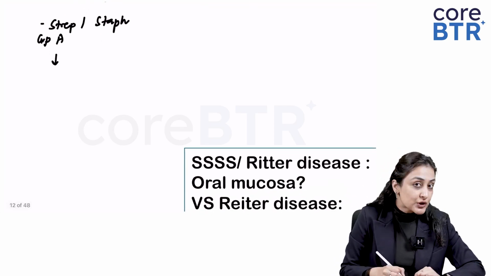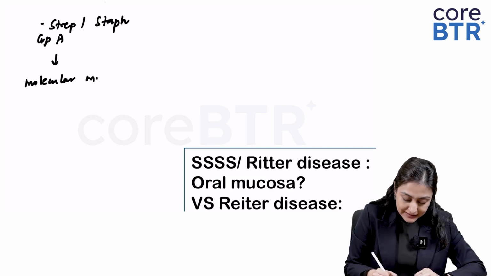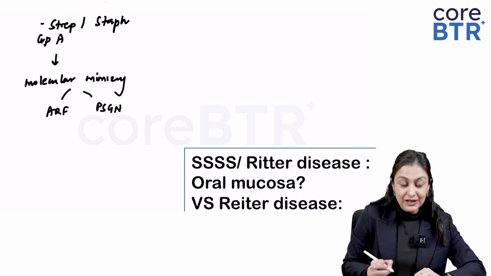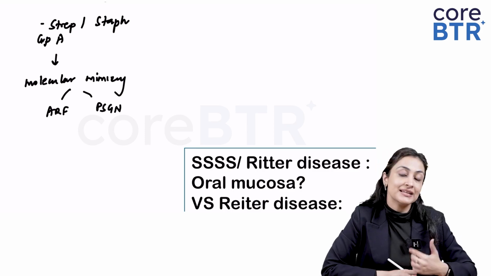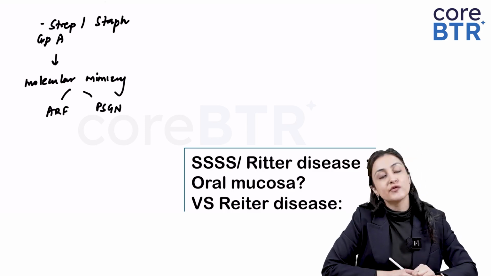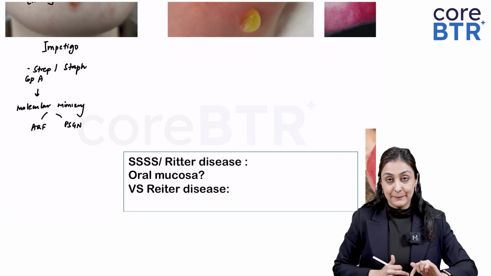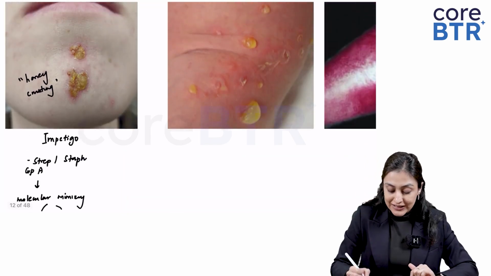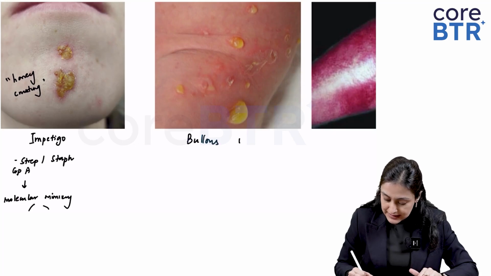And that molecular mimicry is what may result in either acute rheumatic fever or PSGN, post-streptococcal glomerulonephritis, right? So they may give you history of impetigo, and then it can go to the heart, acute rheumatic fever, go to the kidney leading to hematuria, PSGN. So this is impetigo. On the other hand, when this is fluid filled, this is what is called bullous impetigo.